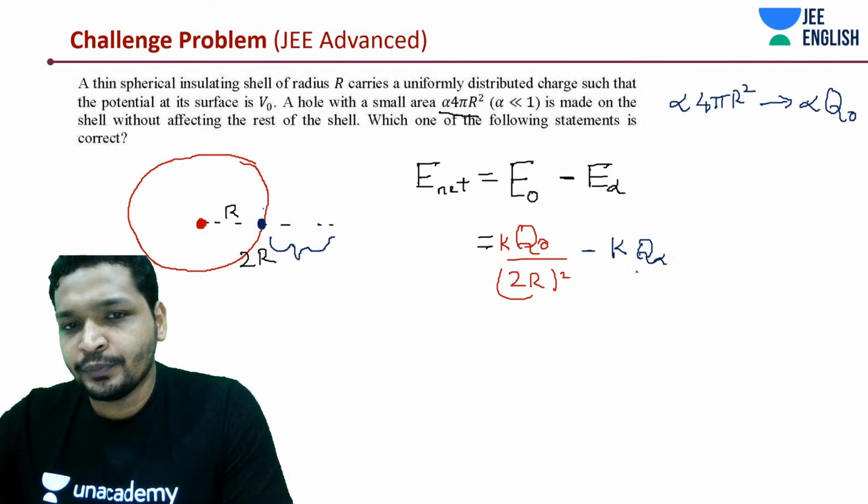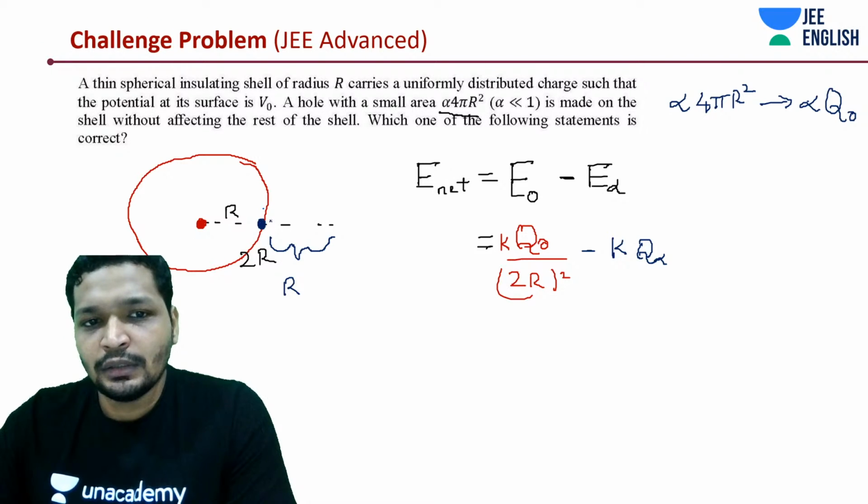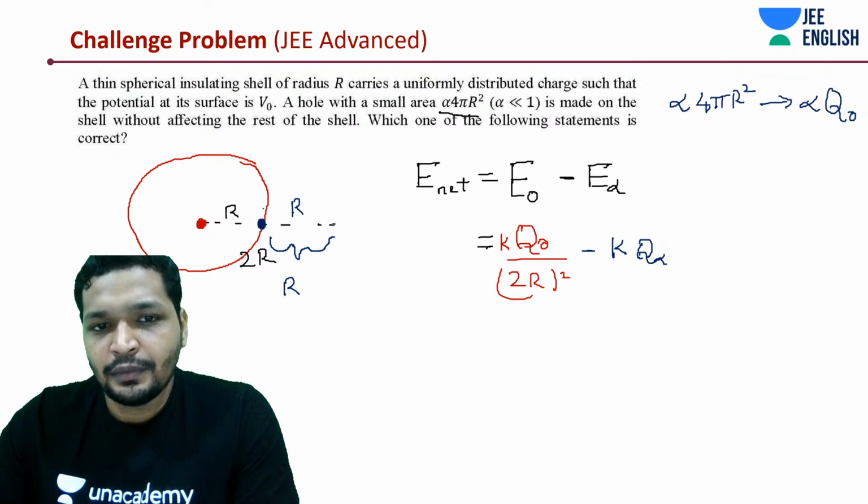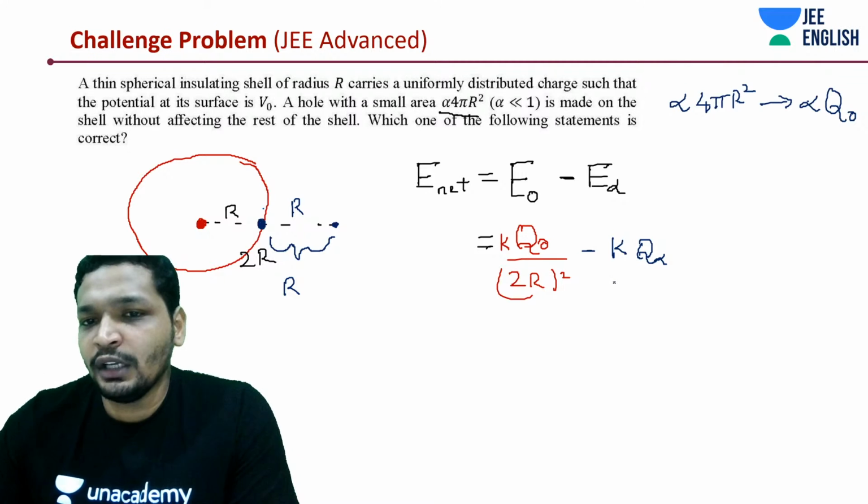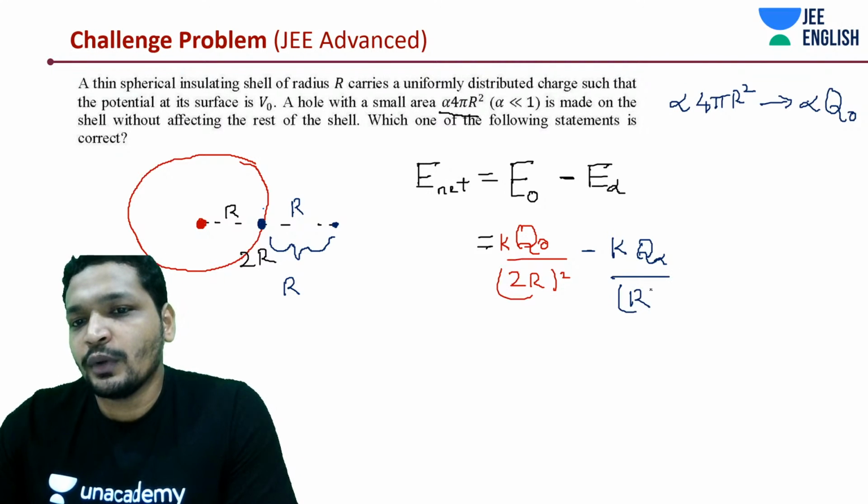For now, how much distance is this? This is already at R. At this distance we are analyzing, KQ by R square.